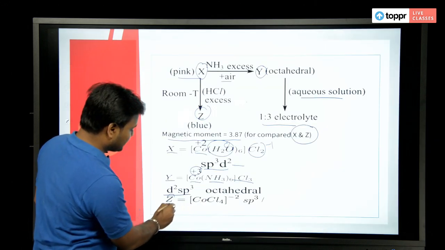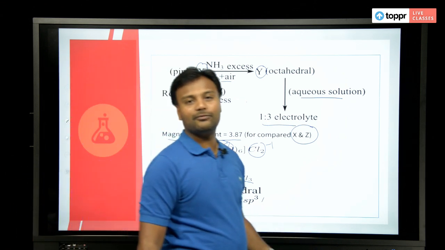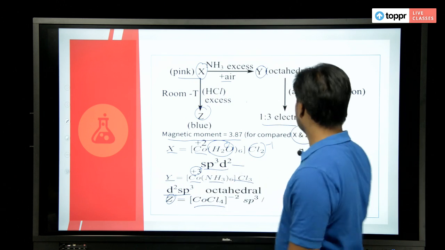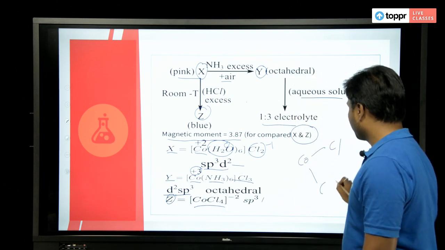Here the Z compound which is formed is CoCl4. What is the shape of CoCl4? It is tetrahedral, not square planar.